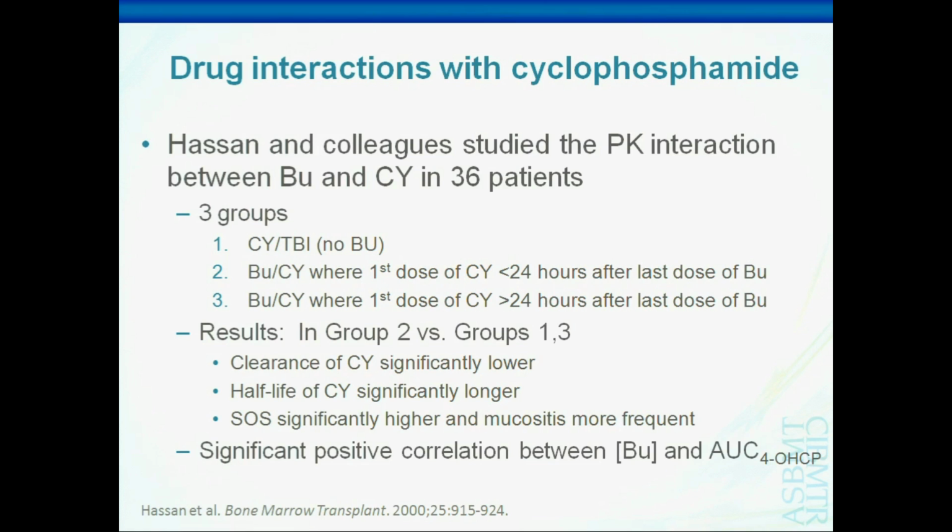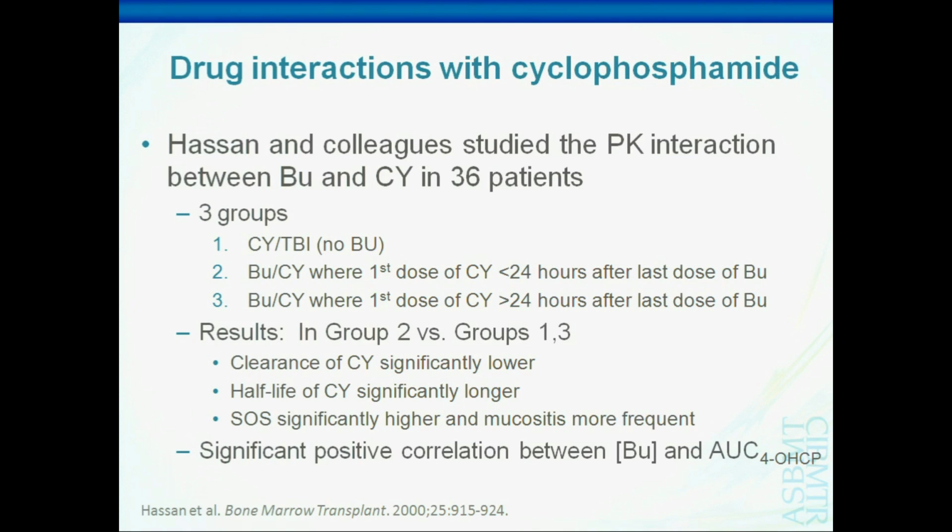The results of this study, when you look at group 2 compared to groups 1 and 3, group 2 being where they received Cy less than 24 hours after the last dose of Bu, they saw that the clearance of cyclophosphamide was significantly lower.